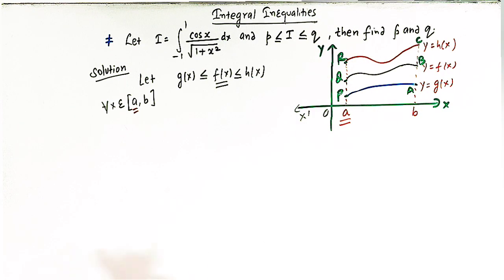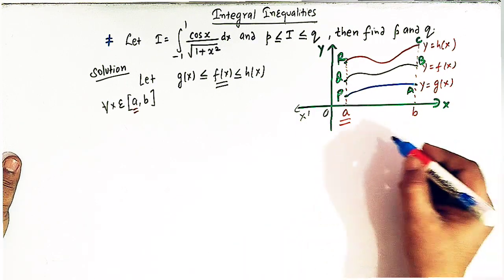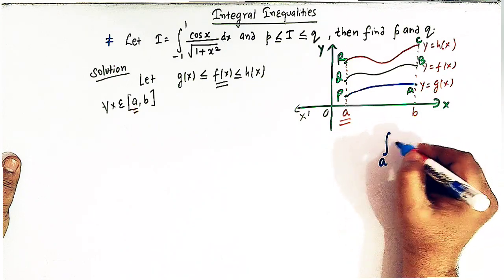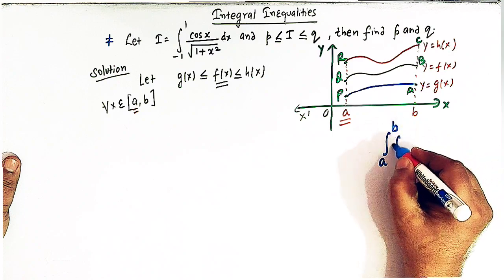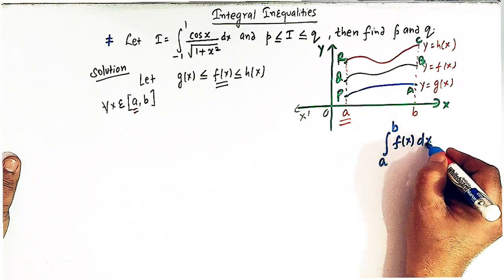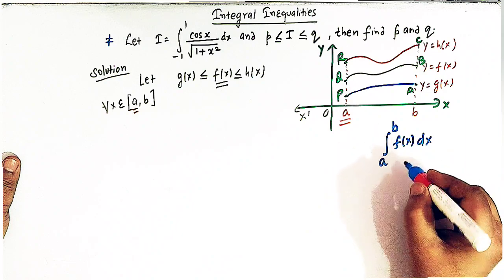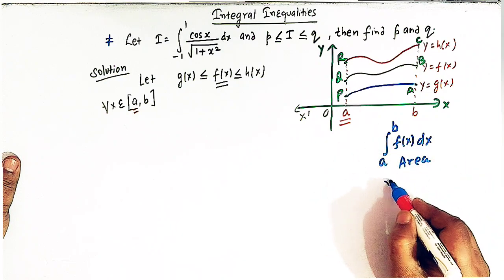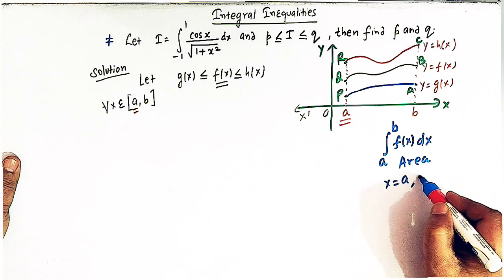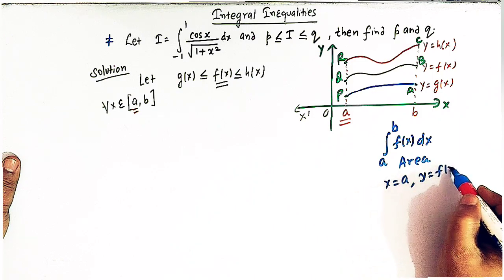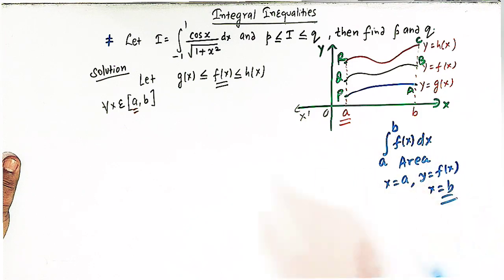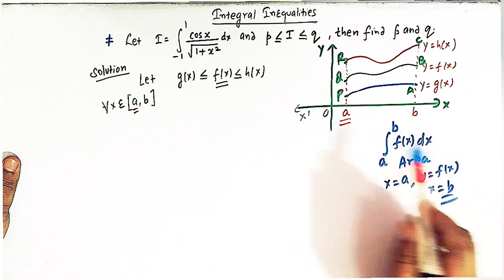From the definition of definite integral, we know that the integral from a to b of f of x dx represents the area bounded by the line x equal to a, y equal to f of x, and x equal to b, right? We'll use this concept here.